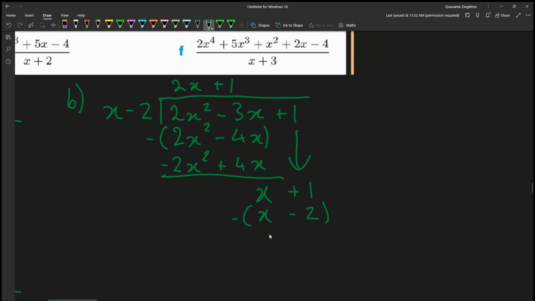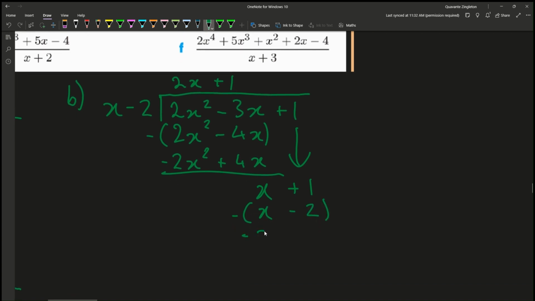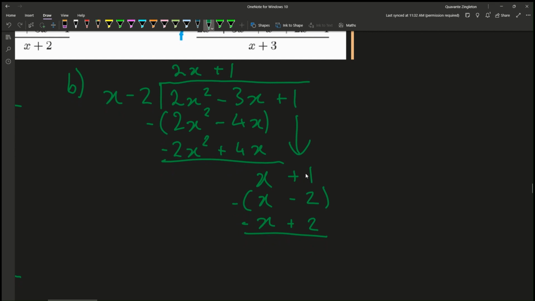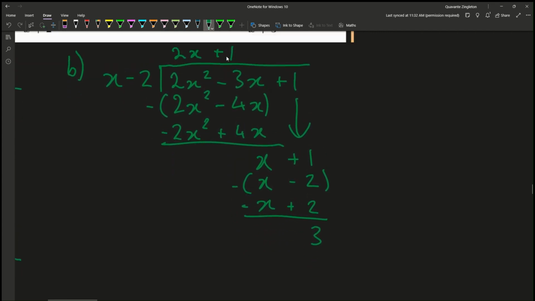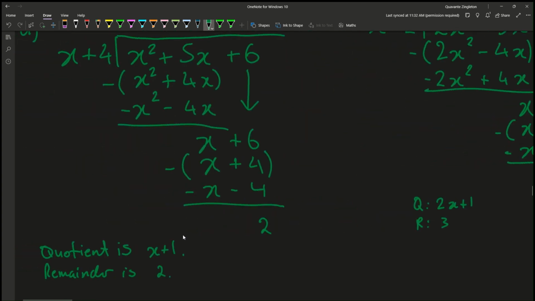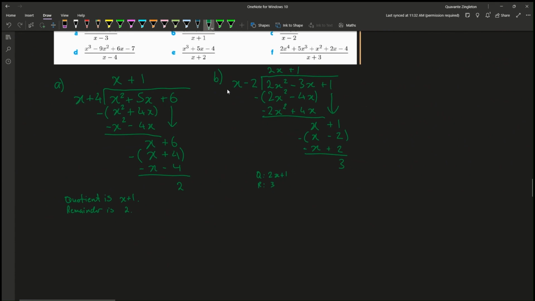I factor in my negative, so I get negative x plus 2. x minus x cancels out, and 1 plus 2 gets you 3. So, quotient is 2x plus 1. I'll just write q for short. 2x plus 1. And remainder, that's just 3. Okay, so that's just those two.